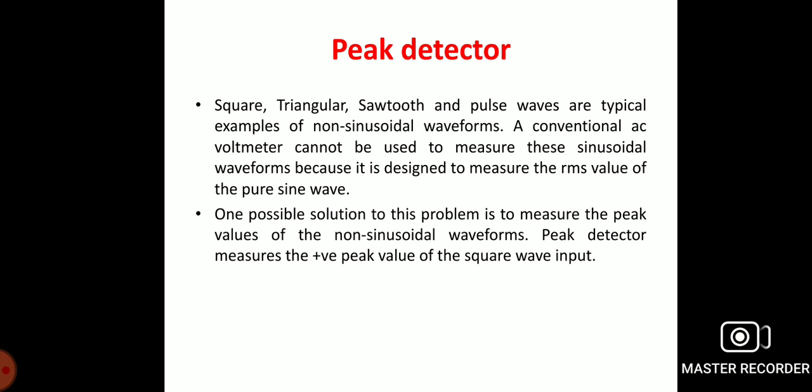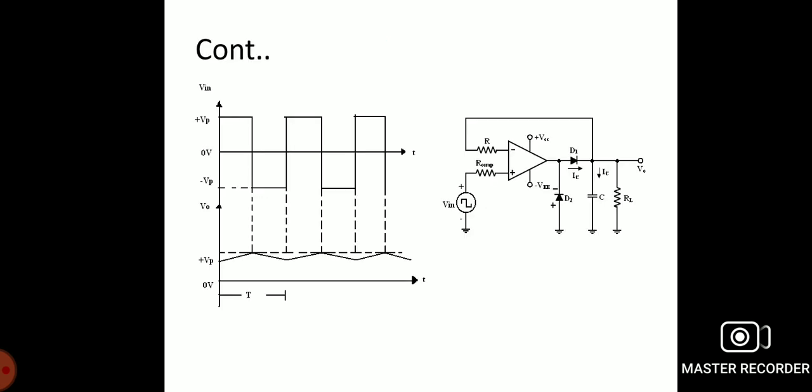Here is the circuit diagram of the peak detector. During the positive half cycle of the input voltage, the output of the op-amp drives D1 into forward bias, so the capacitor C charges to the positive peak value of the input voltage, V in.